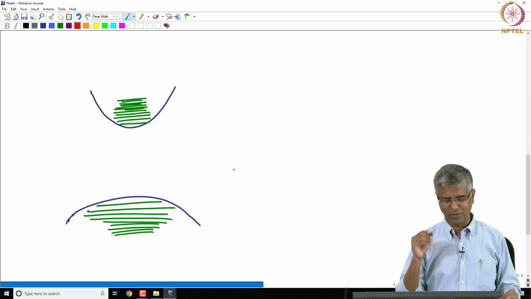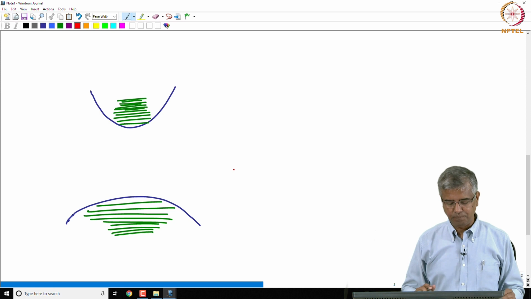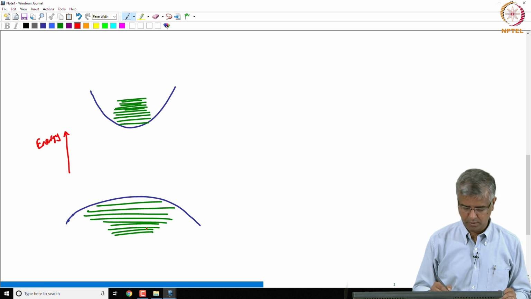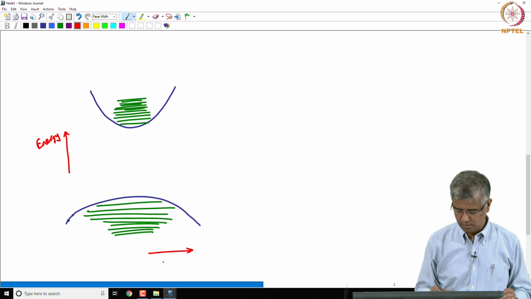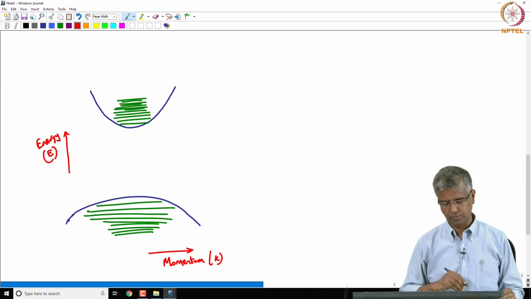Sorry, I already drew this, so I'm just going to, because I'm going to keep repeating this, right. So you have what is called, this is energy and this is momentum, represented as K, represented as E, right.